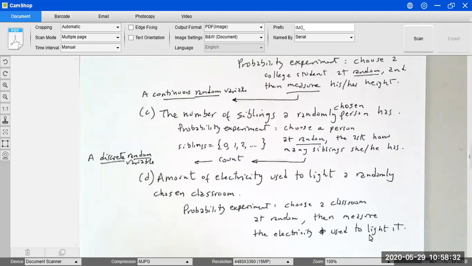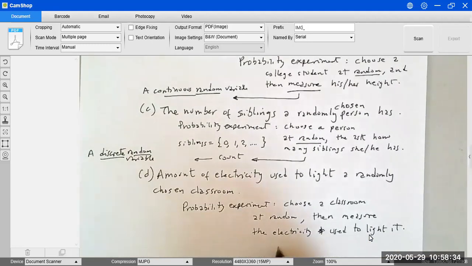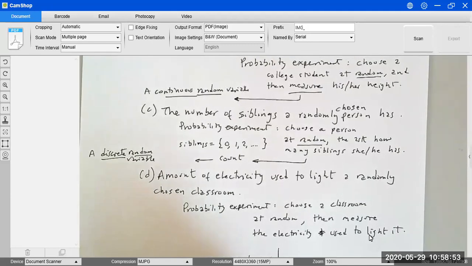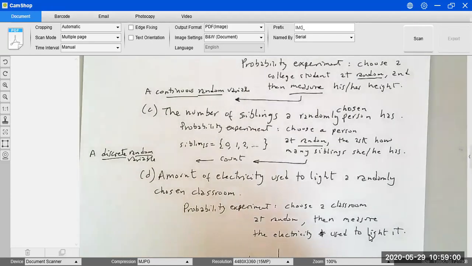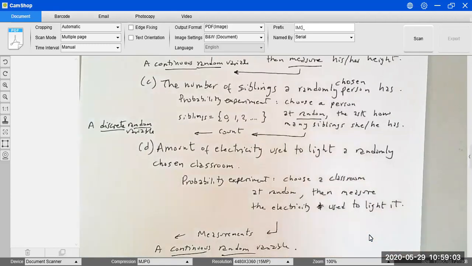So you're going to have a measurement. And when you have measurements, you cannot list all the possible values that you can get. So you're going to obtain a continuous random variable. A continuous random variable.